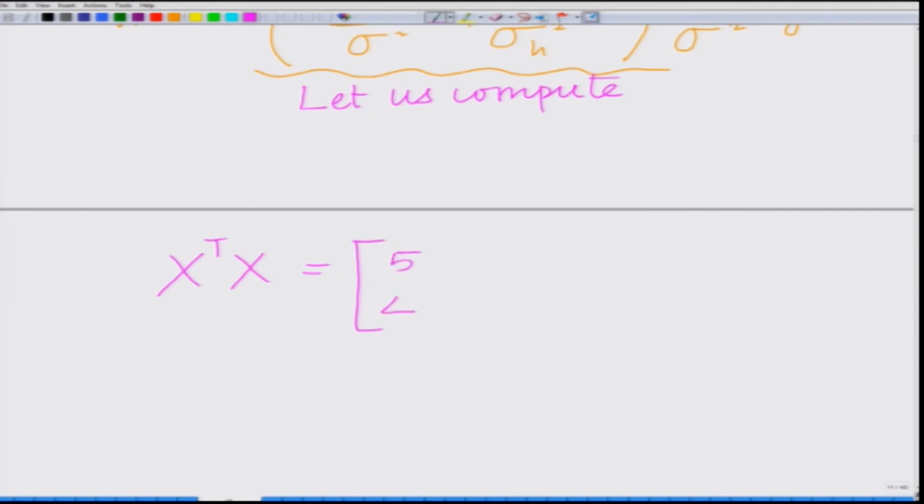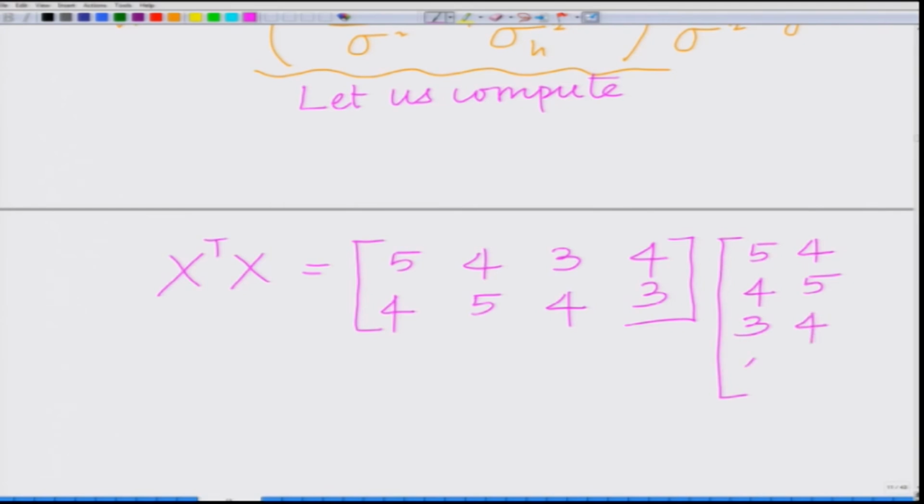So, this is 5 4, 4 5, 3 4, 4 3, and the transpose, 5 4 4 5 3 4 4 3 transposed, into the matrix itself.